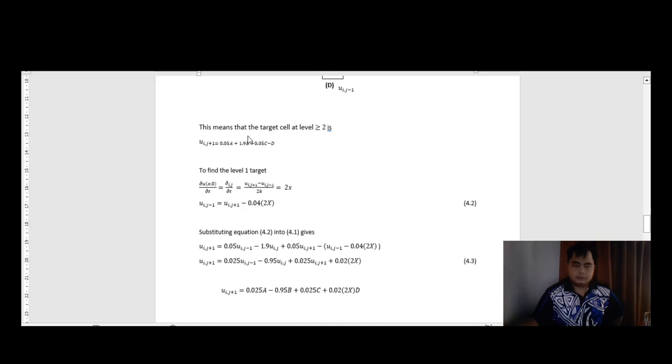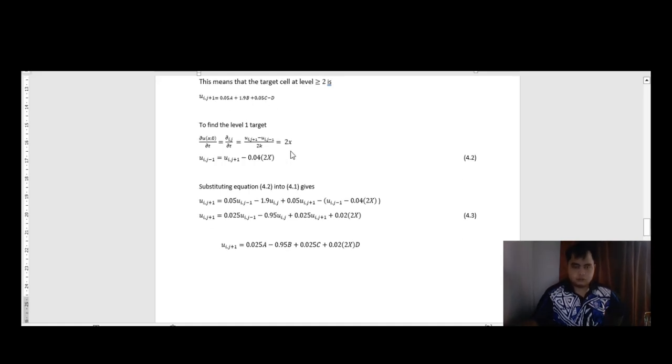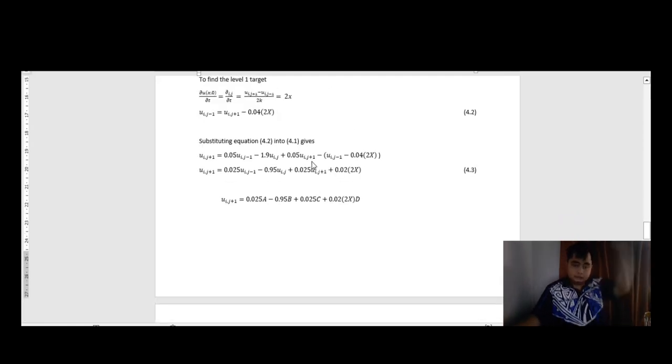This is the following figure. This means that the target cell is at level 2. To find the level 1 target that I mentioned just now, we do the PDE forms a second time to find the target at level 1. Here is the form.